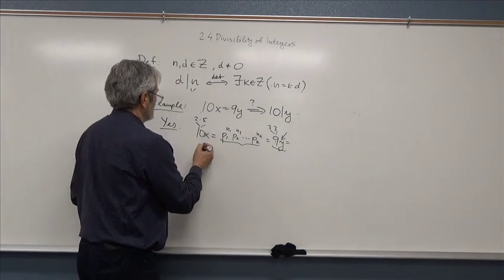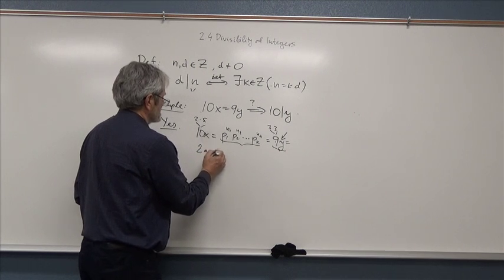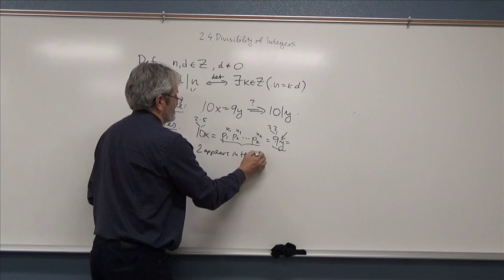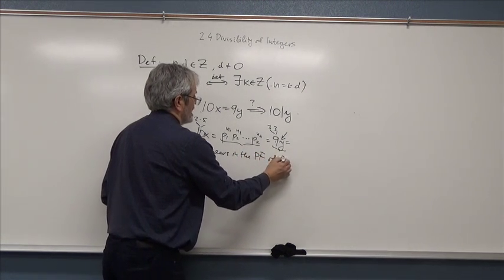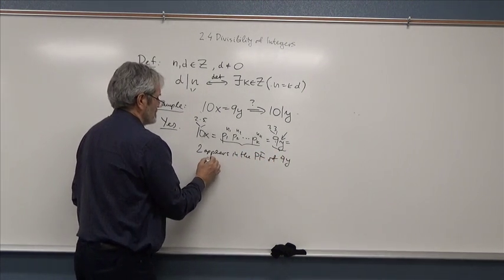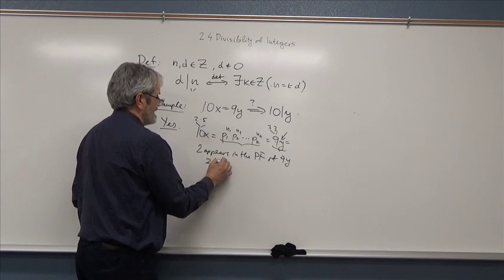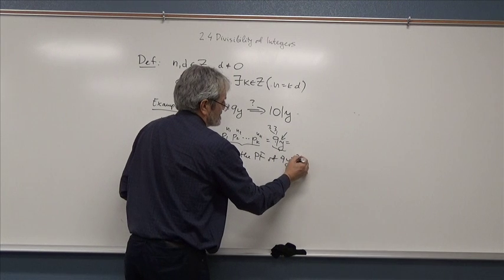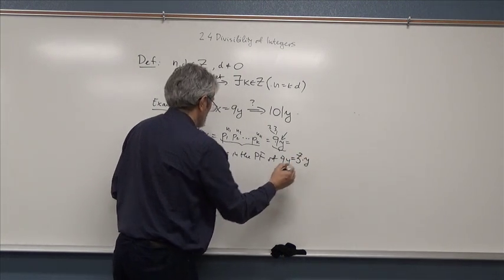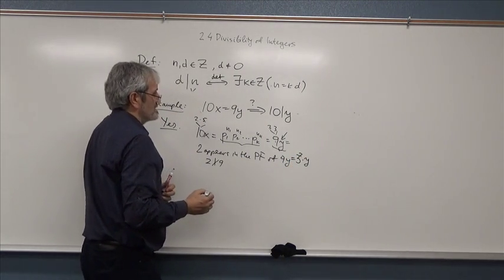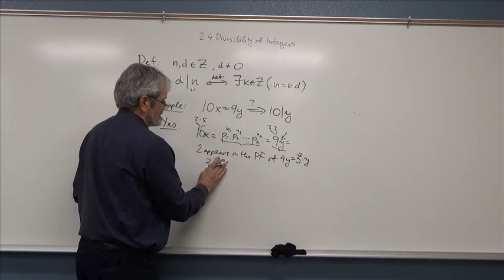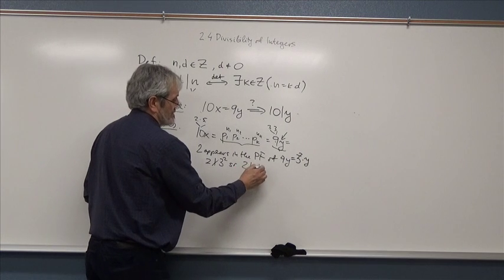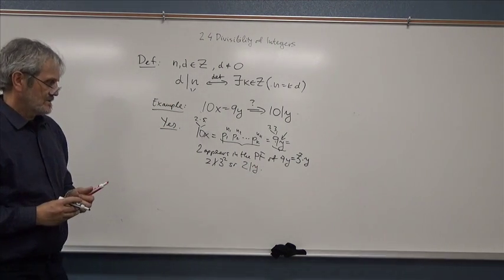So we will say the following: 2 appears in the prime factorization of 9y, or we can say 3 squared times y. 2 does not appear in the factorization of 3 squared, so 2 appears in the factorization of y, so it divides y.